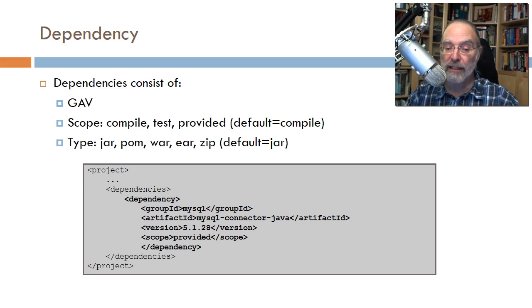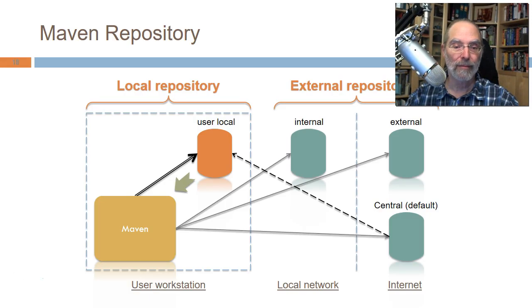This JDBC driver will end up in your local repository because when your code is being compiled, the compiler needs access to this jar. When it's packaged, however, because we've said it's provided, it will not be added to the jar.